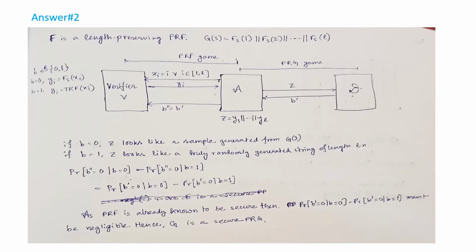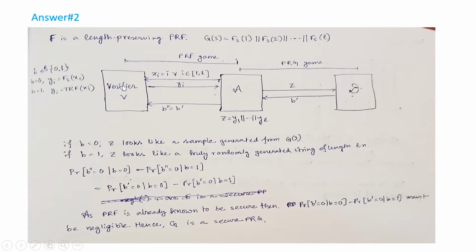Once all L queries are done, the adversary A computes Z as the concatenation of all these L yi's: y1 concatenated with y2 and so on up to yL. This ln-length bit string Z is sent to the distinguisher D. The view of the distinguisher D is exactly the form of G of S whenever b is 0.